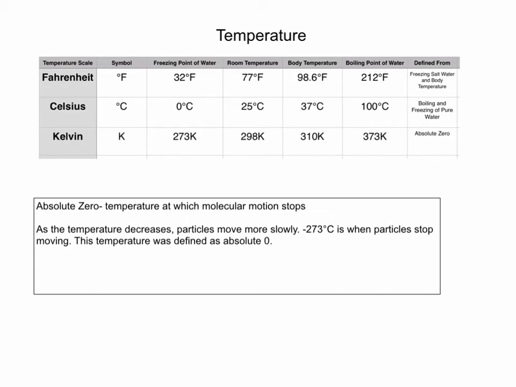But instead of always saying the lowest possible temperature is negative 273 degrees Celsius, the Kelvin scale was defined. The Kelvin scale is based on absolute zero, and therefore it is impossible to have a negative Kelvin temperature.